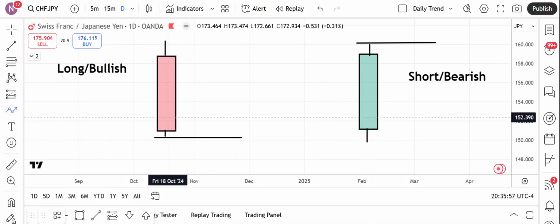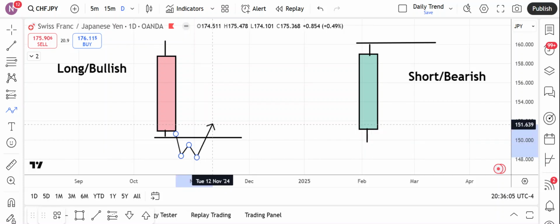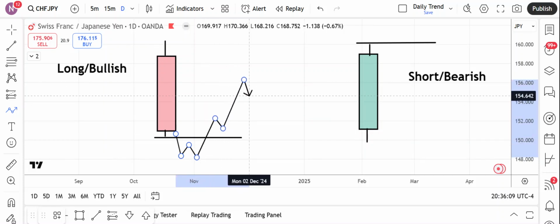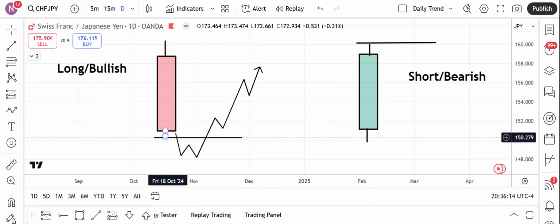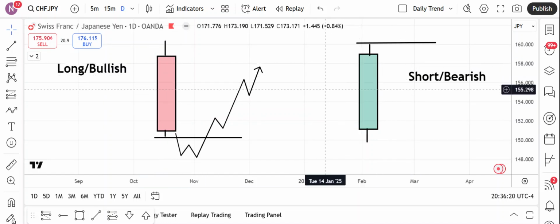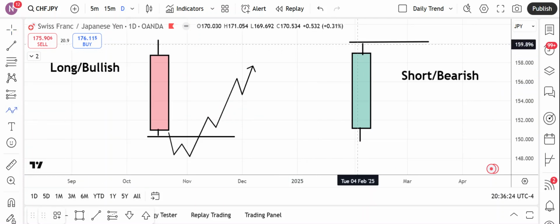So if this is Tuesday, on Wednesday, I'm looking for price to go below, to start trapping those continuation traders, and then do this because my bias is long. In essence, I'm looking for either a retrace or a complete erasure, if that's a word, of the prior day's price action.